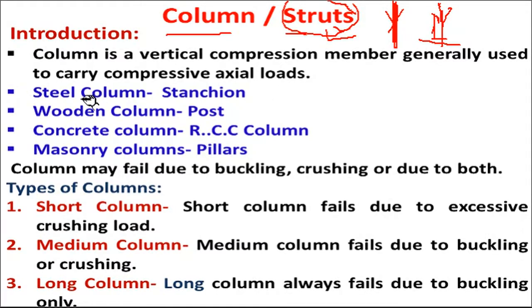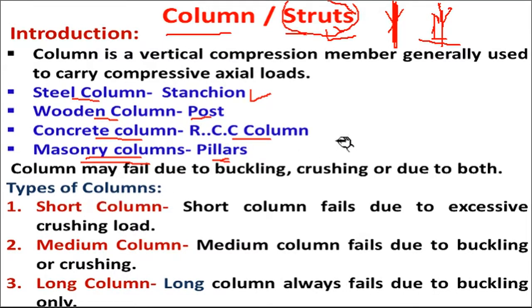If a column is made of steel, it is called a steel stanchion. A wooden column is called a post. A concrete column is called an RCC column. A masonry column, made of bricks or stone or composite, is called a pillar. And a compression member in a truss is called a strut.